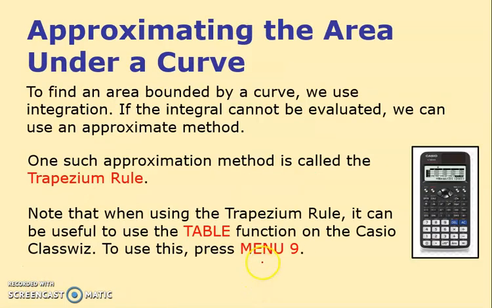So we have to be able to approximate the area under a curve. We can't use integration. We saw in the last exercise one way of doing this was to use rectangles. But a more accurate method is to use trapezia. Rather than splitting a shape into rectangles, you can see there are gaps.